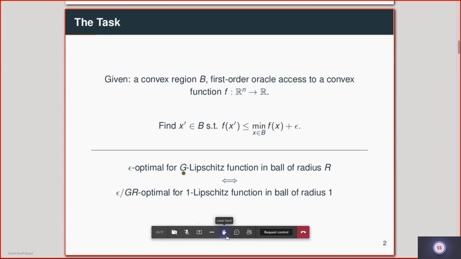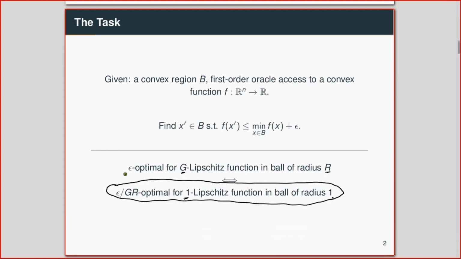A function that is G-Lipschitz in a ball of radius r, divided by G and something similar with r... a function that has slope at most 1 in a ball of radius 1. So if we just focus on this task, where we know that the function is 1-Lipschitz and the ball is of radius 1, this is actually as general as the complete task.